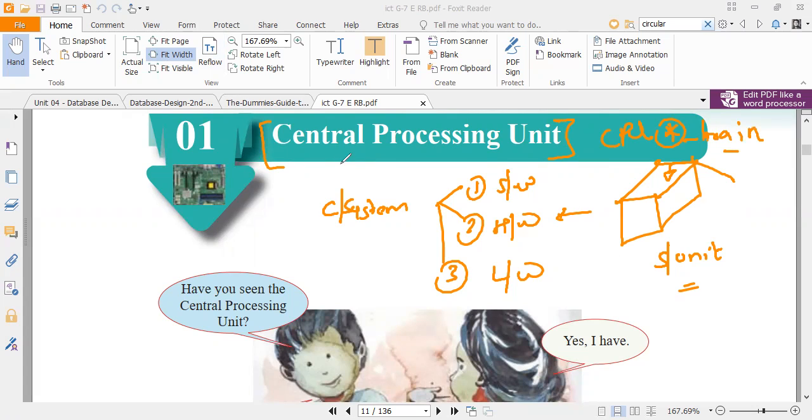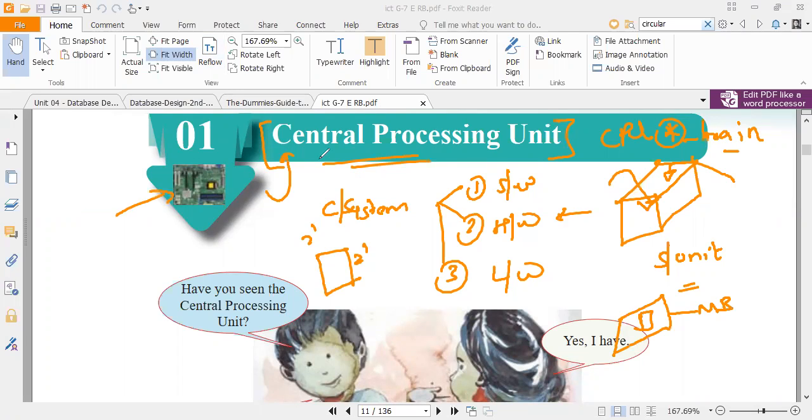The brain, the central processing unit, is located inside the system unit, on the motherboard. It is a small square-shaped hardware, about 2 by 2 inches, that we call the central processing unit. Each and every activity is designed by the central processing unit.